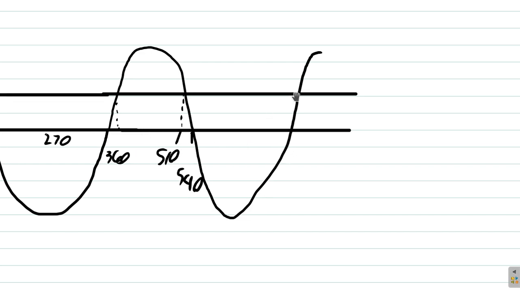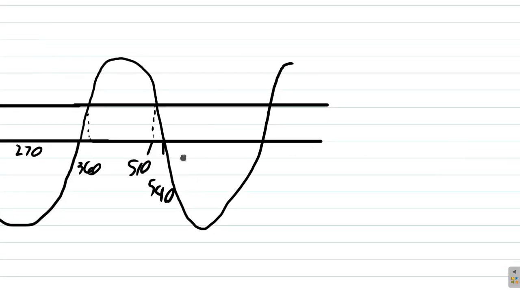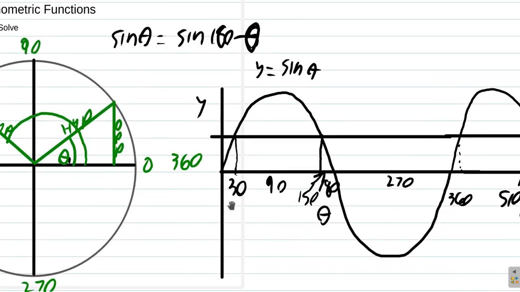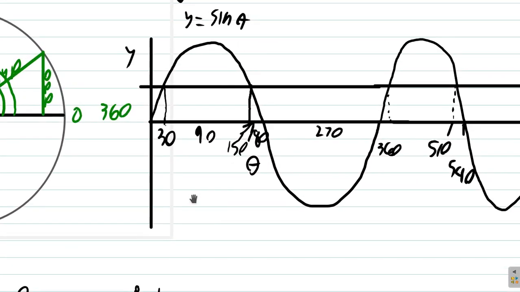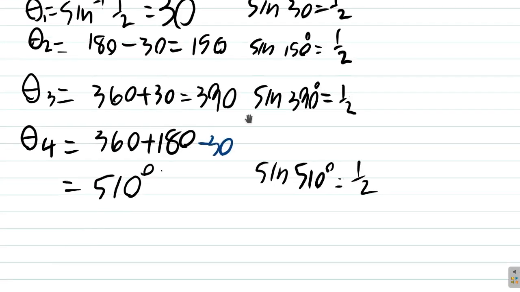The next angle, and you could go on and on forever, finding an unlimited number of angles. But you normally limit it to between 0 and 360 degrees, and you don't go further than that.